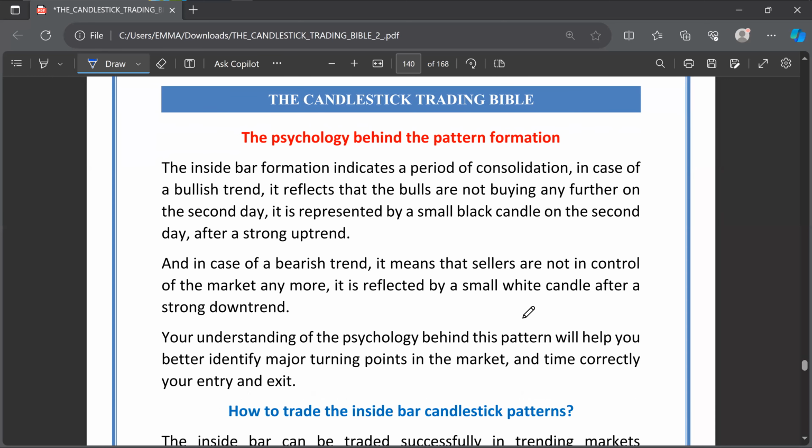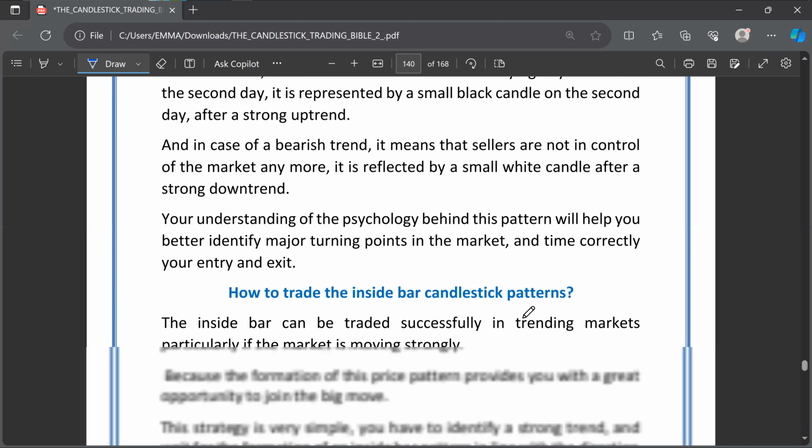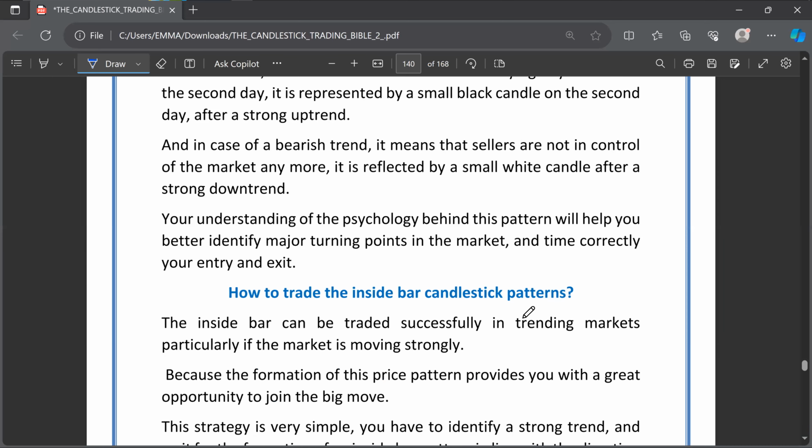In case of a bearish trend, it means that sellers are not in control of the market anymore. It is reflected by a small white body, or green body, after a strong downtrend. Understanding the psychology behind this pattern will help you better identify major turning points in the markets and time your entry and exit correctly.